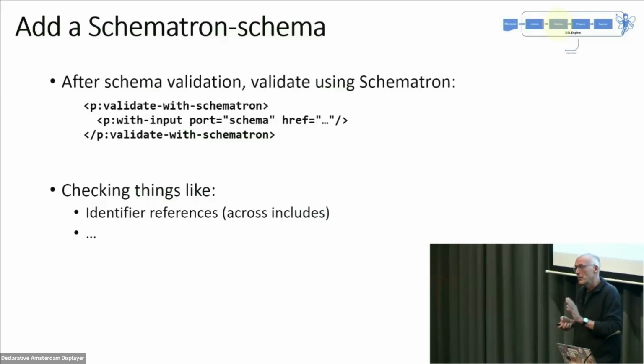Again, you need to simplify the error message, because for Schematron it's even worse than for schema. I don't know if you know that the official Schematron validation produces an SVRL file, a Schematron Validation Reporting Language file, which is an XML file with a whole load of information about what Schematron has been doing. It is usually enormous.